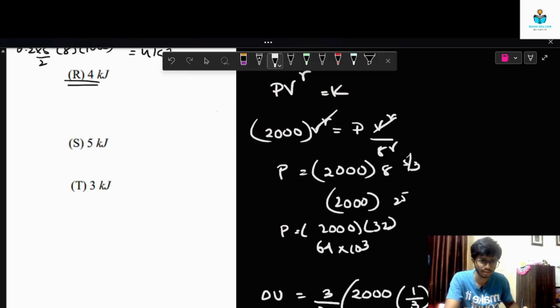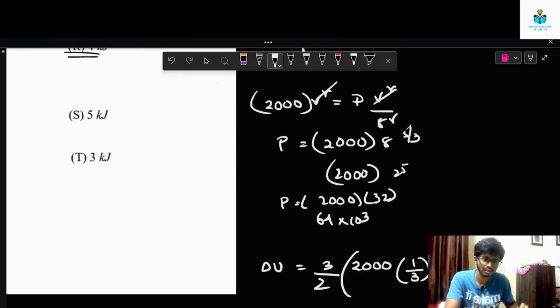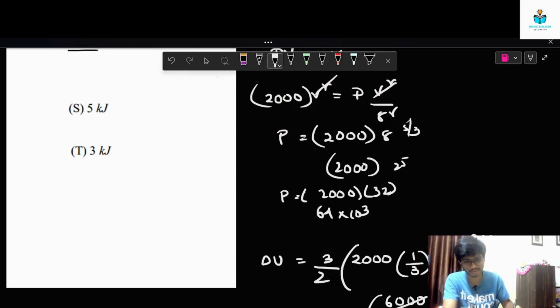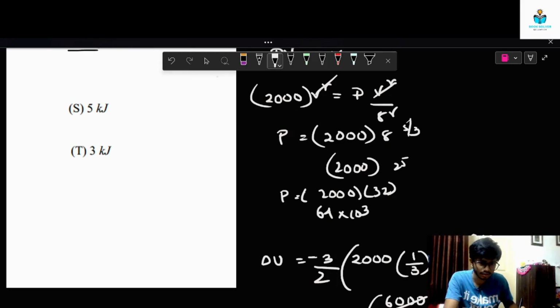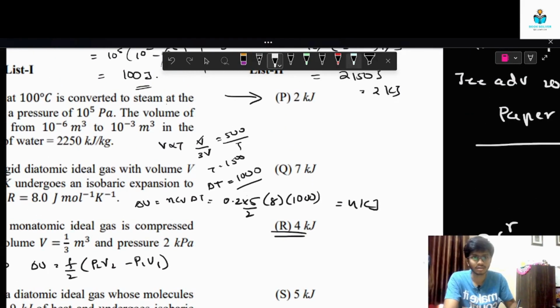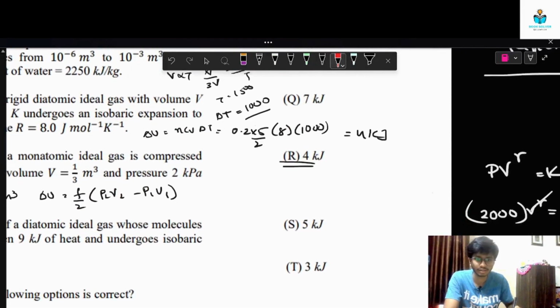This goes 8,000. So this is 6,000 by 3 into 3 by 2. It's actually P2 V2 minus P1 V1, I've done P1 V1 minus P2 V2, so I have to write negative over here. This goes 3000, so the answer is 3 kilojoules, which is option T.